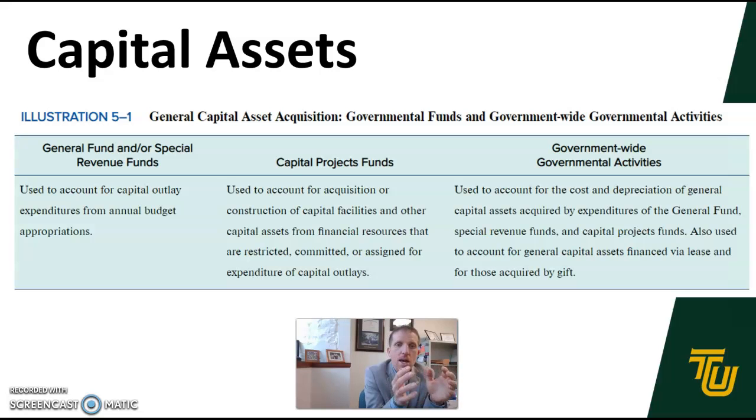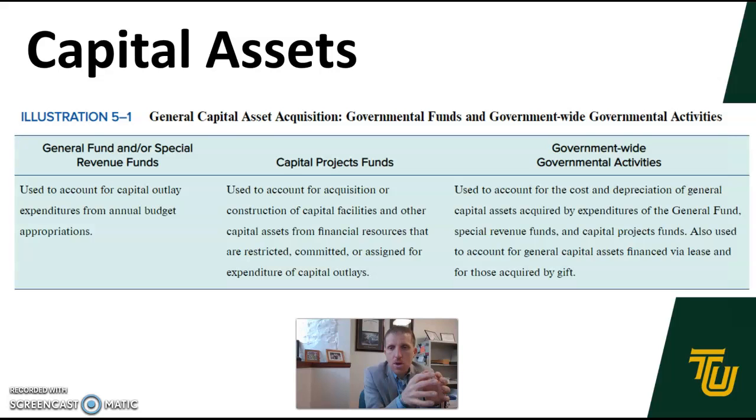Now in the center, we have our capital projects funds, used to account for the acquisition or construction of the capital facilities and other assets from financial resources that are restricted, committed, or assigned for expenditure of outlays. So that's where we're going to actually capture those acquisition activities.